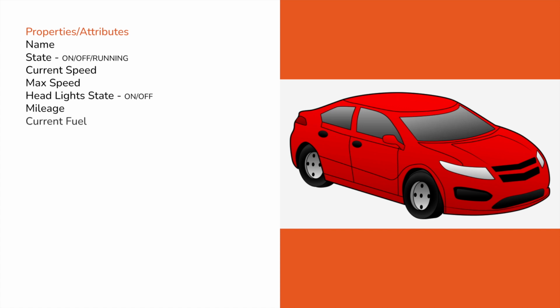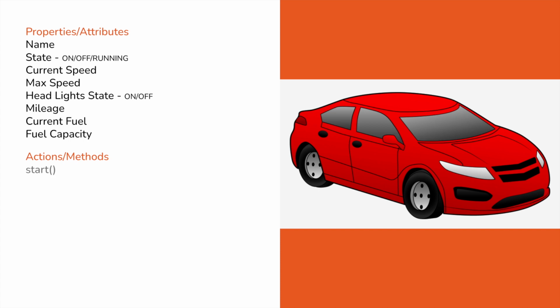Similarly, we have current fuel. Current fuel also keeps changing as and when the car is moving. Then we have fuel capacity, which is a constant. This is usually given by the manufacturers. So the fuel capacity of a certain car could be 50 liters, it could be 40 liters for another car type, etc.